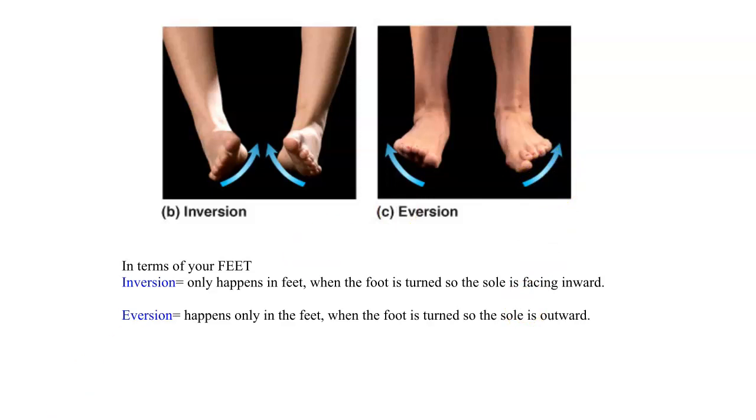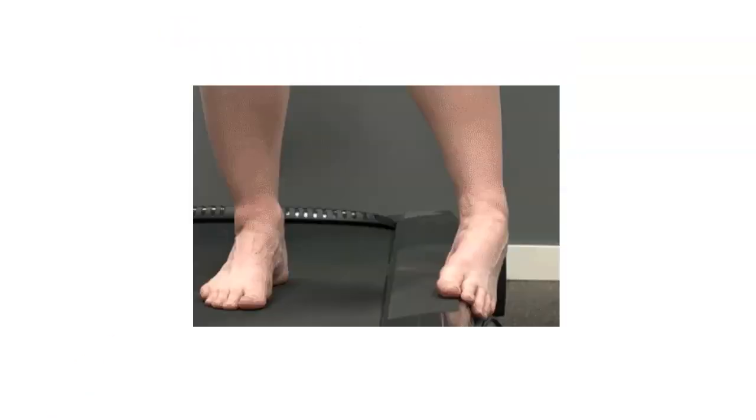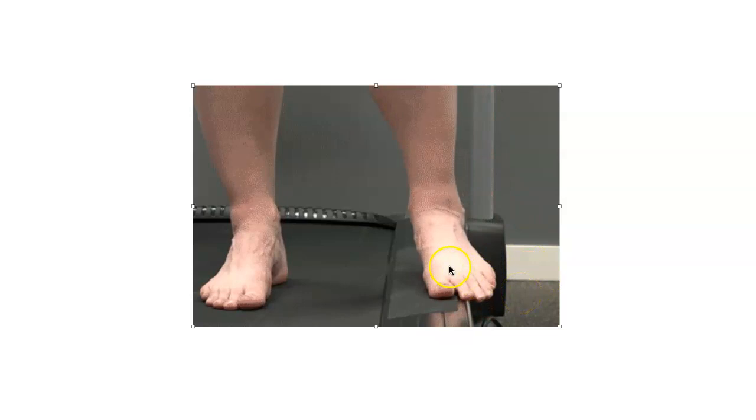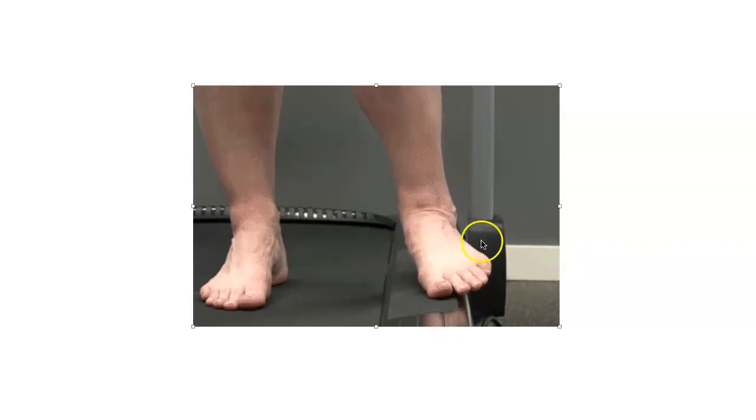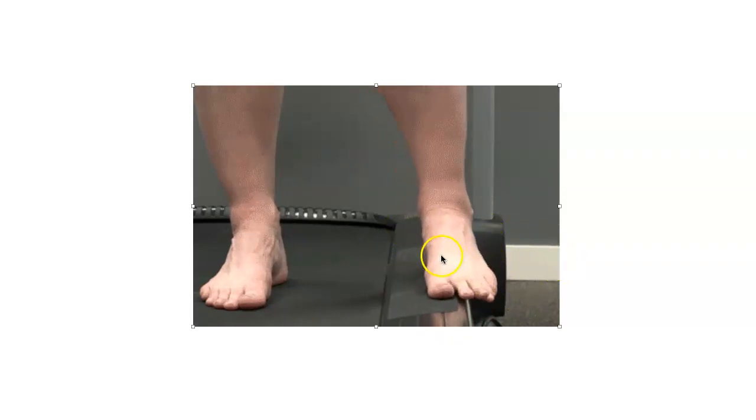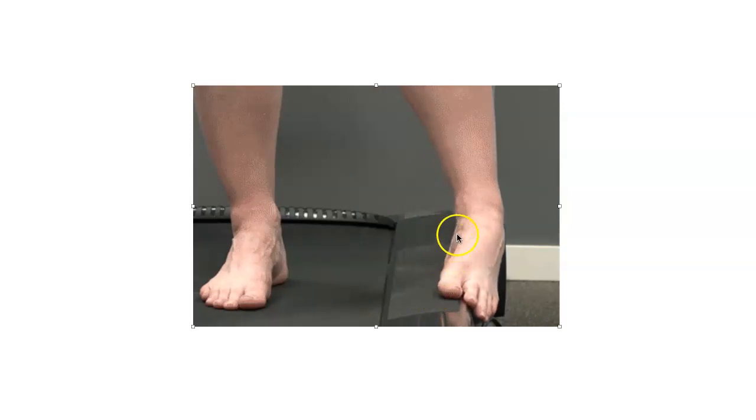So let me show you some other pictures. Well, here's a little video. So you can see inversion and eversion. So let's see if this person gets back to neutral. This is going to be eversion. Inversion.